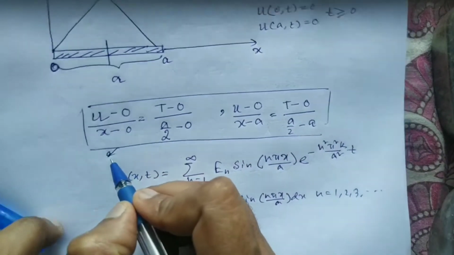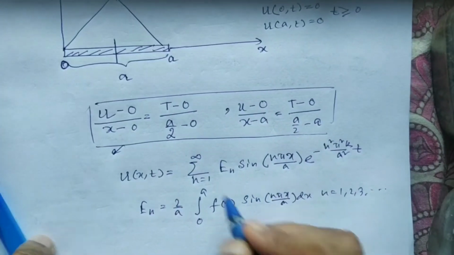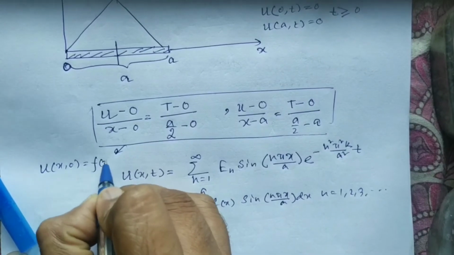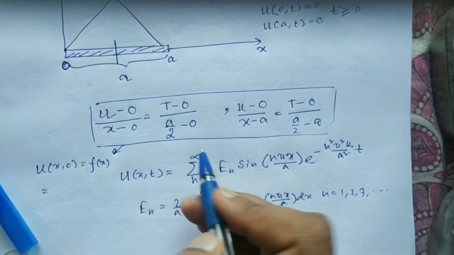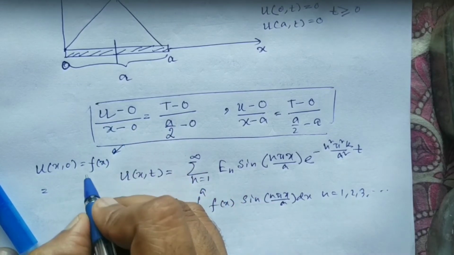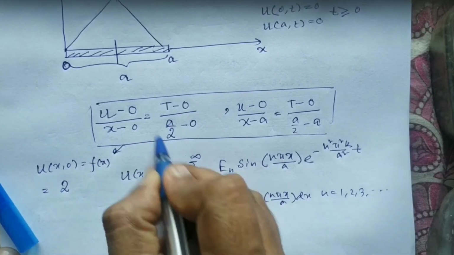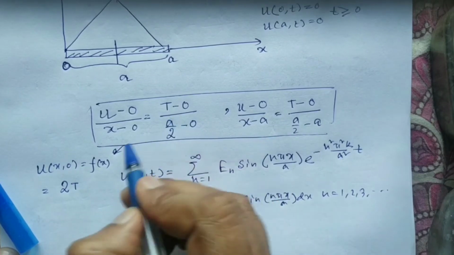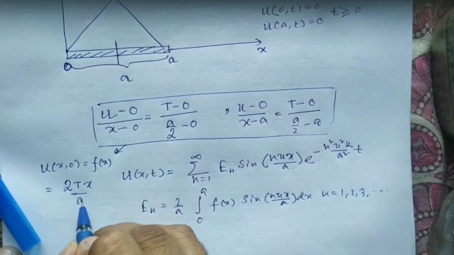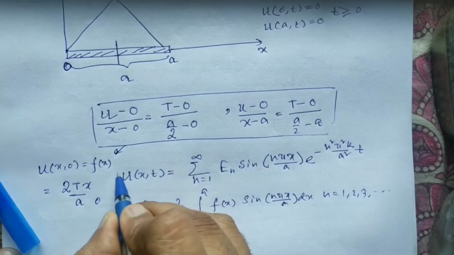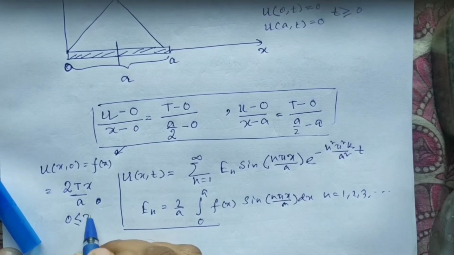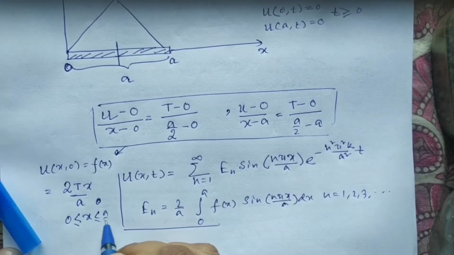If u at (x,0) is f(x), then f(x) is given as follows: the first one, u equals 2Tx/a, whenever x is in the range 0 to a/2.